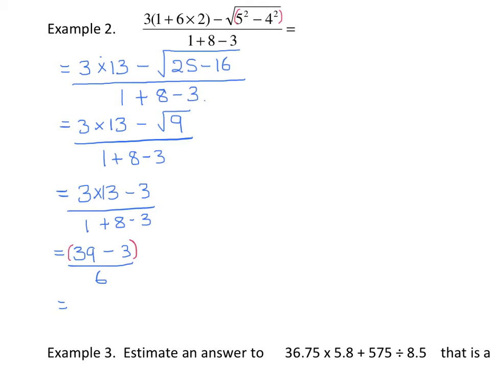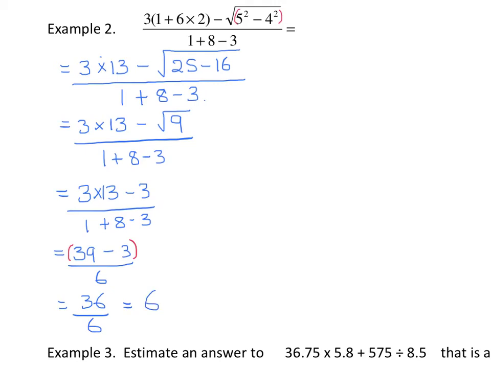That means we have to evaluate 39 take away 3 before we can divide by 6. So 39 take away 3 is 36 divided by 6, and we have an answer of 6 again.